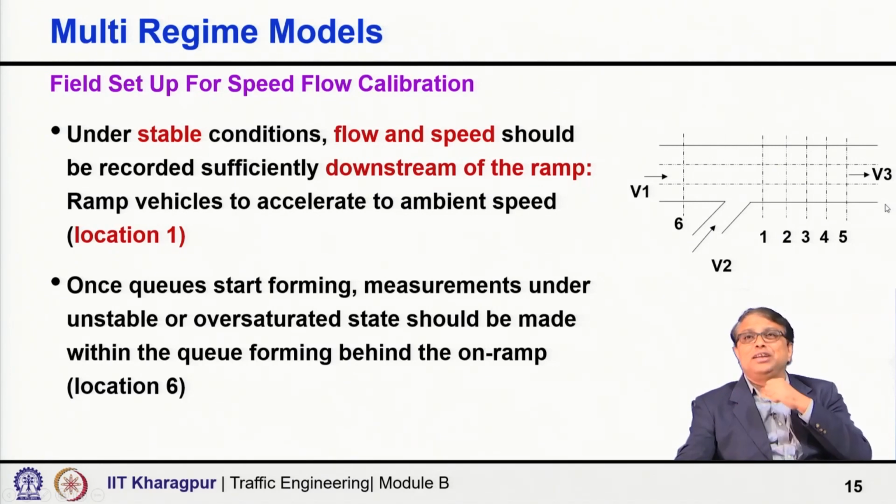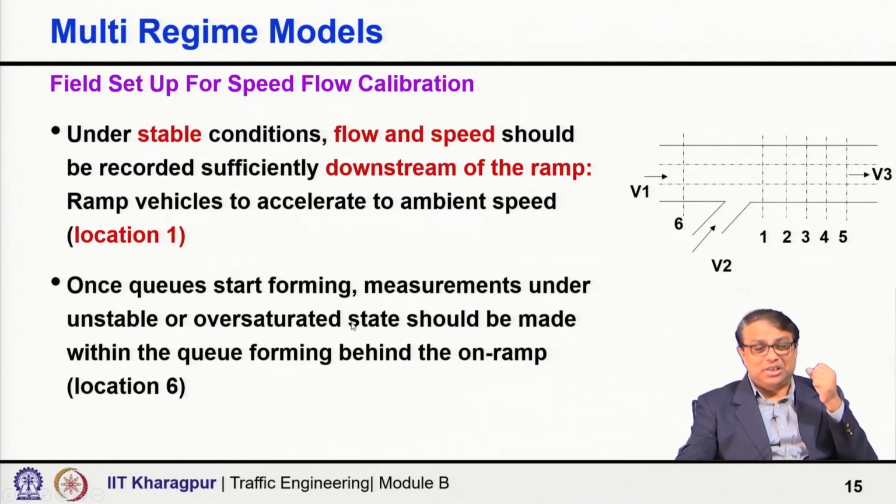Then, once the queue starts forming, measurements under unstable or oversaturated state should be made within the queue forming behind the on-ramp location, because that is the state we are aiming to measure.